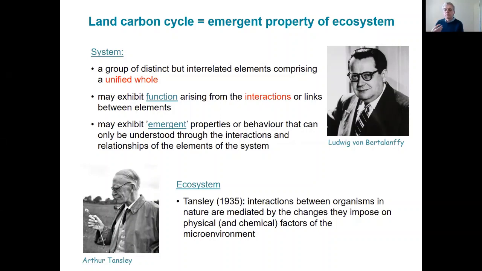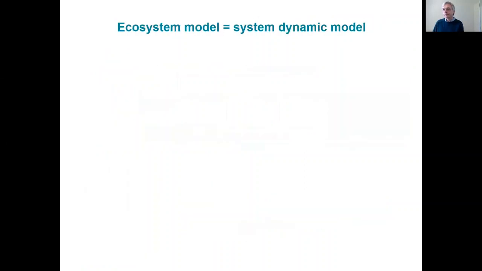And here the elements, of course, are the organisms themselves, but also components of the physical environment with which they interact. And there are exchanges going on, exchanges of energy, exchanges of carbon, exchanges of water, exchanges of nutrients. And that makes it a system, and we choose in ecosystem science usually to study ecosystems as a system, recognizing those elements that are interacting and the flows between them.